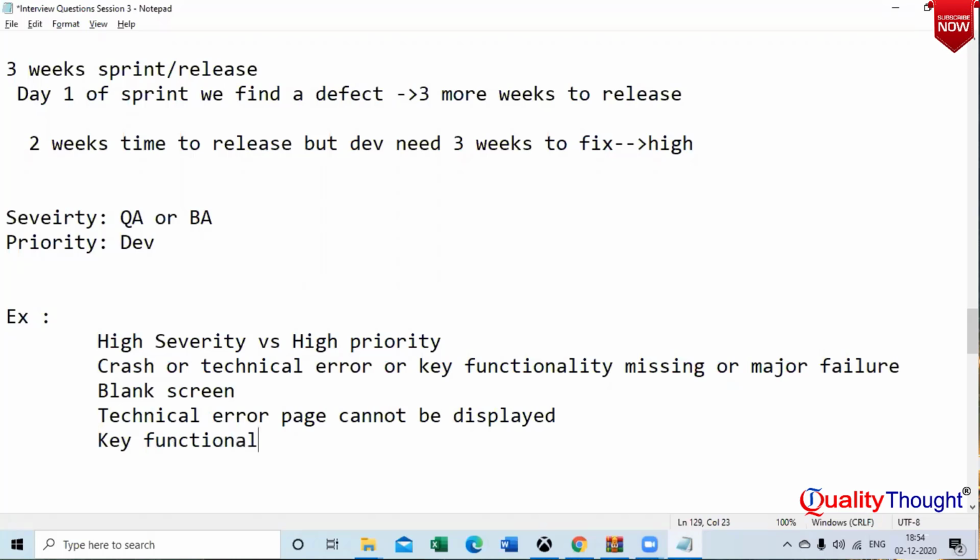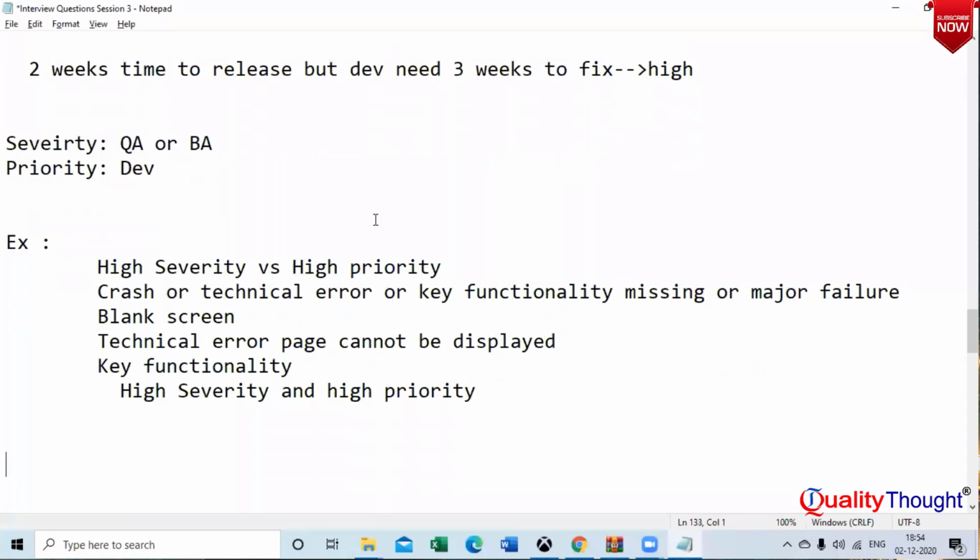Let's say you are planning to do some transaction, and the add payee button is missing. Key functionality is missing, so it could be high severity, critical severity, and high priority.